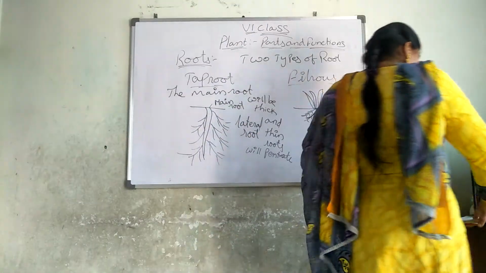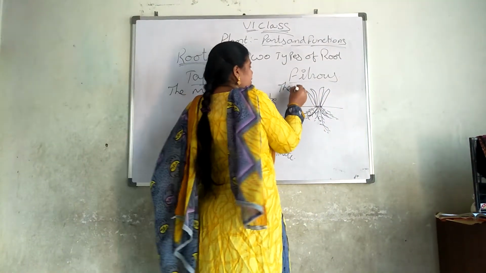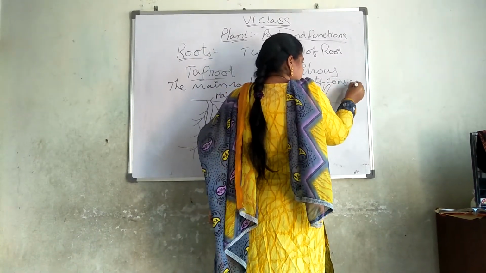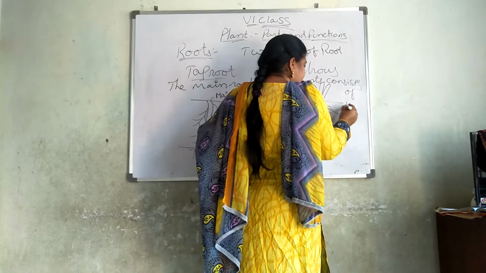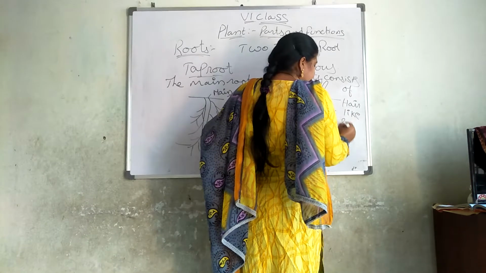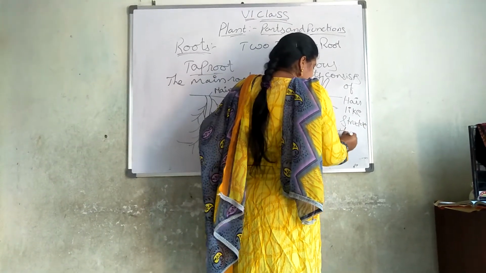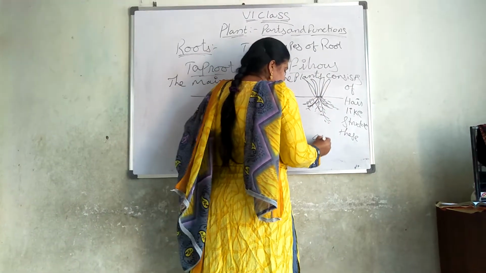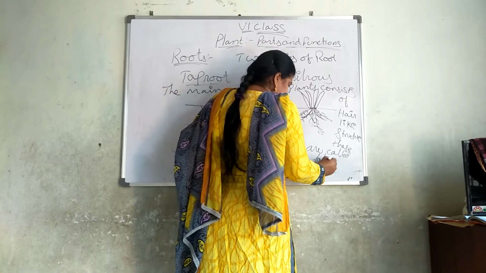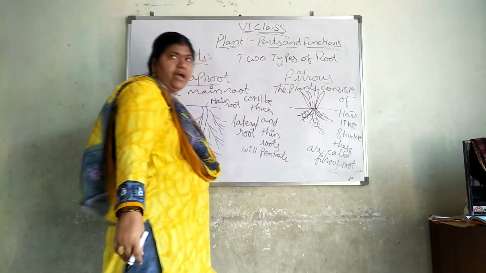Coming to the fibrous root system, in some plants, if the plant consists of hair-like structures, these are called a fibrous root system.